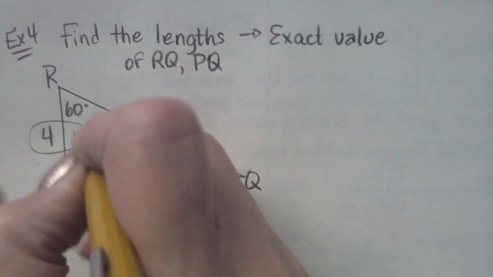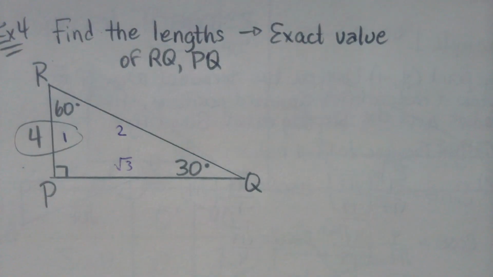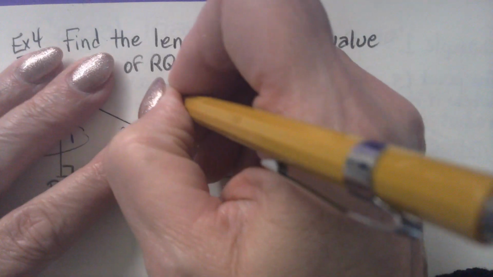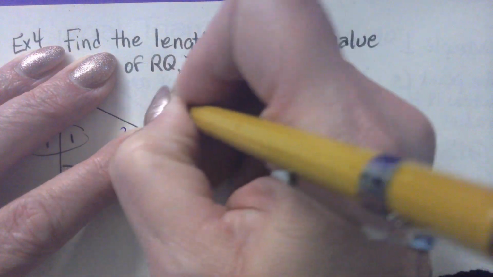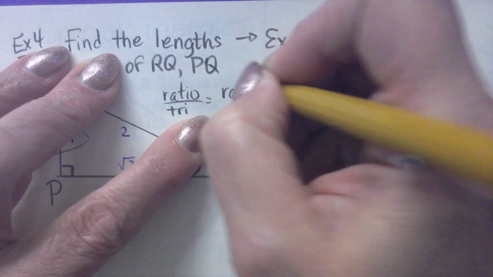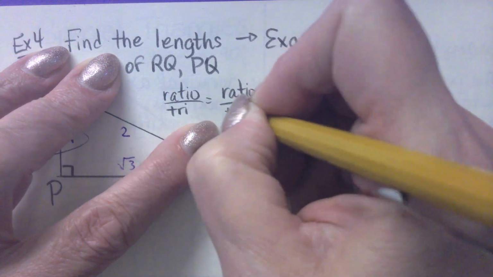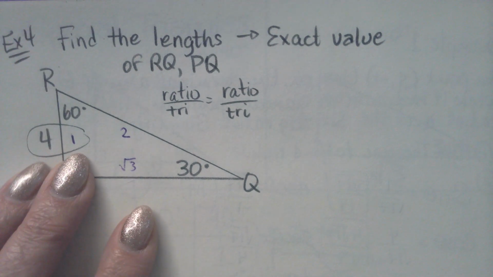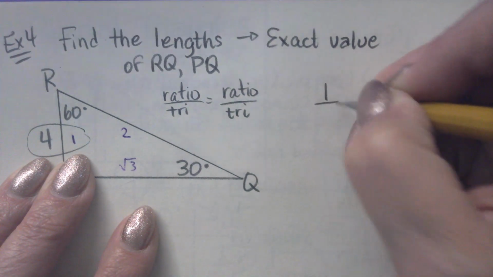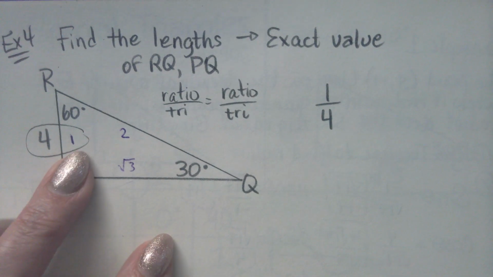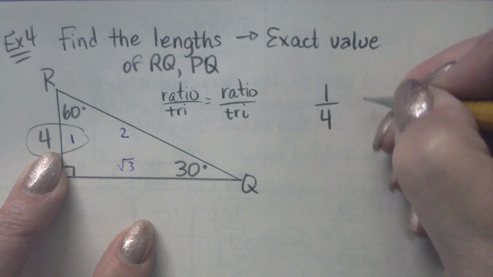So you can do it either way. If you go ratio over triangle, as long as you stay consistent, or you can go triangle over ratio. It makes no difference. So we're going to go 1 over 4. In a 30, 60, 90 right triangle, that side's worth 1. It's currently a 4.